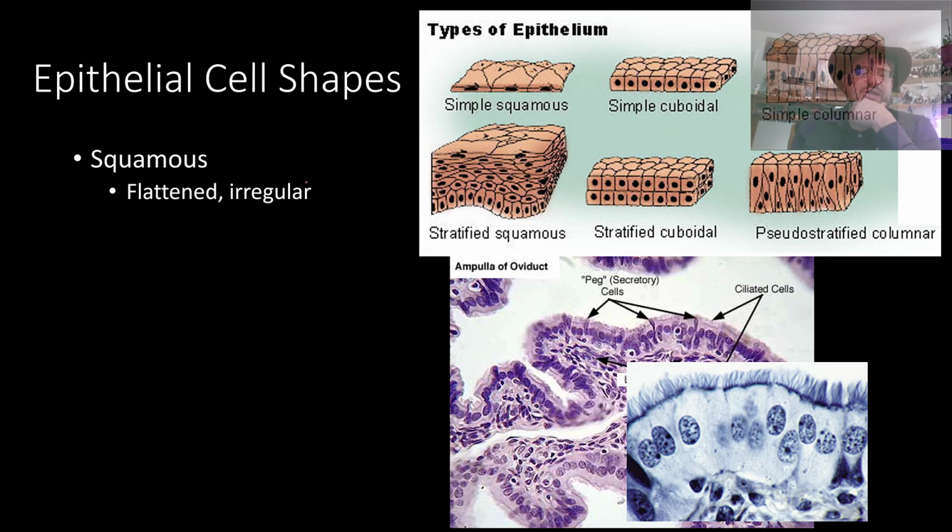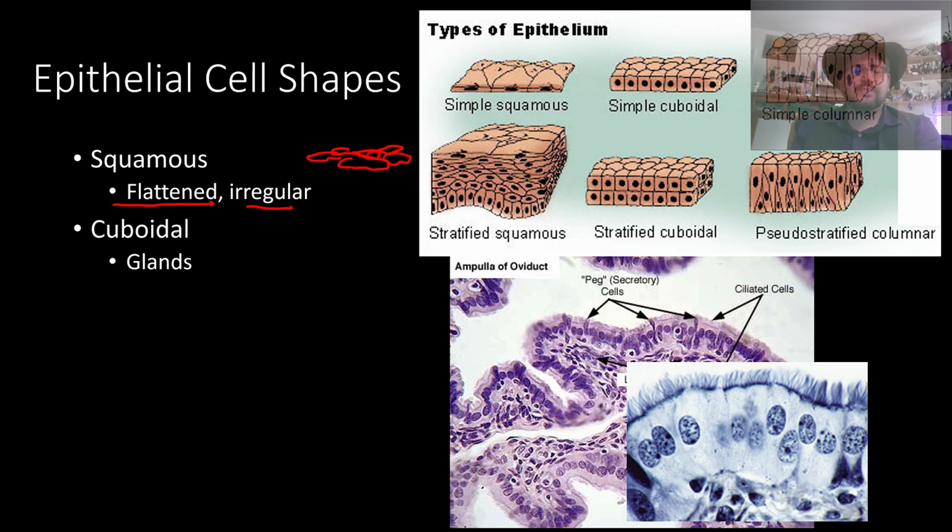Squamous epithelial cells are flattened cells that are irregular in shape. They have no specific regular shape. Flattened, right? So the outer layers of your skin are great examples of squamous epithelial cells.